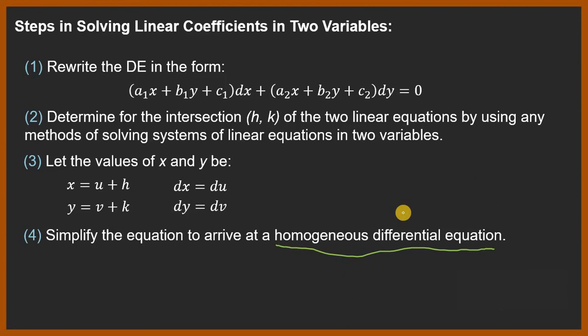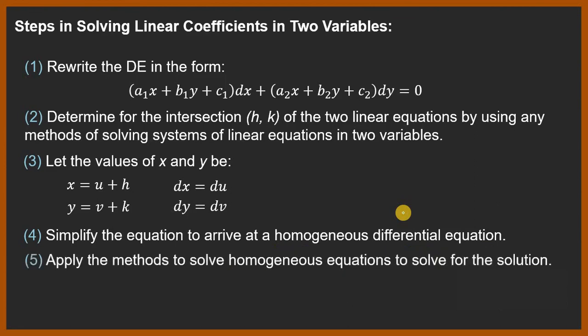And then, once it is a homogeneous equation, we can apply the method to solve homogeneous equations to solve for our solution. The method is a bit long because we have to put it in this form, then solve the intersection, let it here, and then we arrive at a homogeneous equation. And then, when we solve the homogeneous equation, it will be separable, and only then can we get the solution.